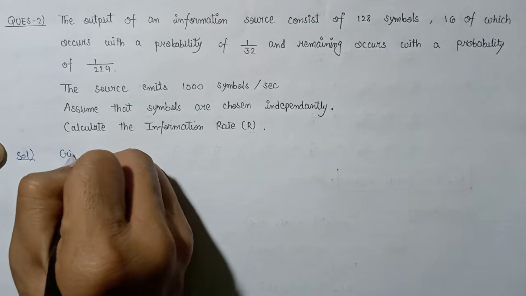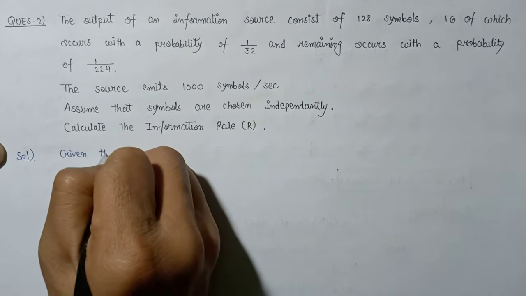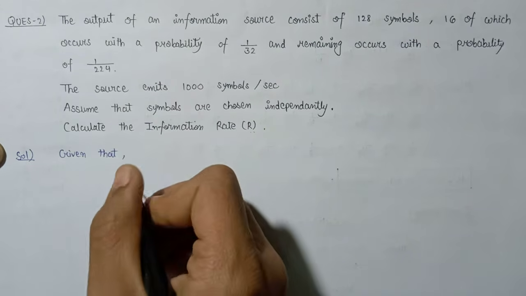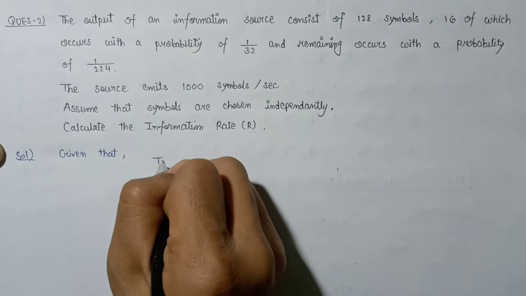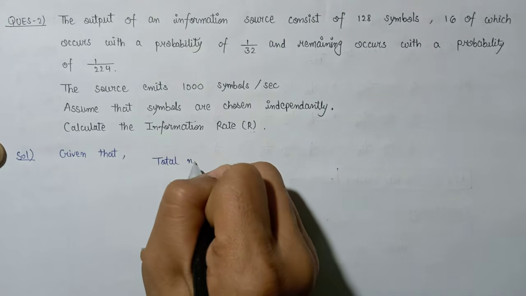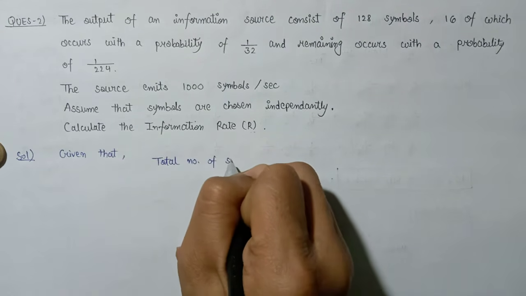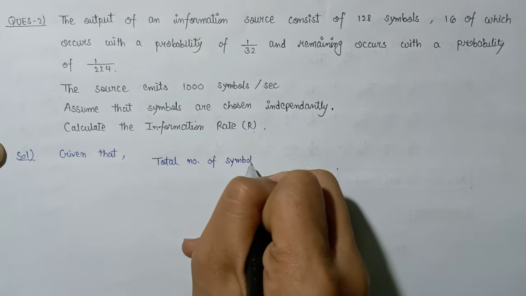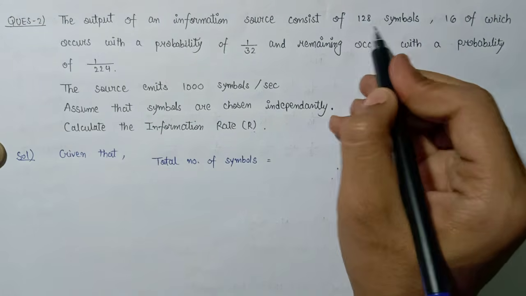Here, first of all, we will write the data that is given to us. The total number of symbols is equal to 128.